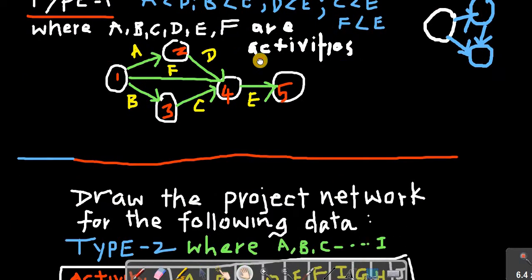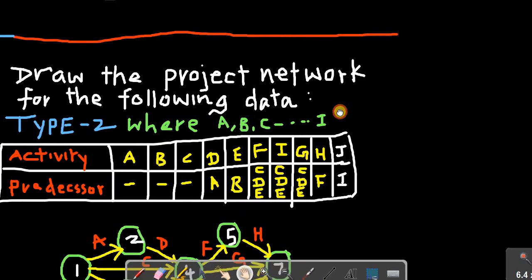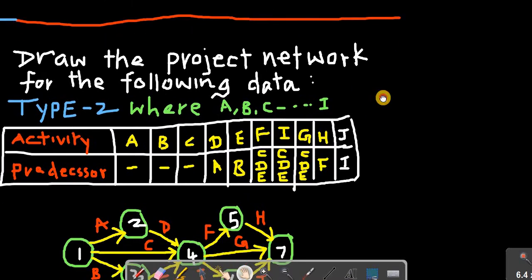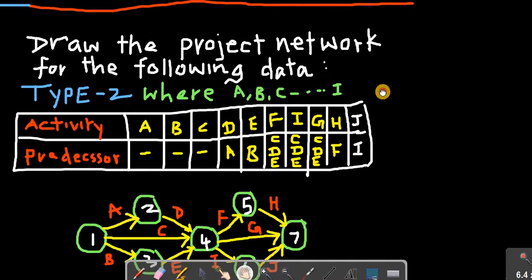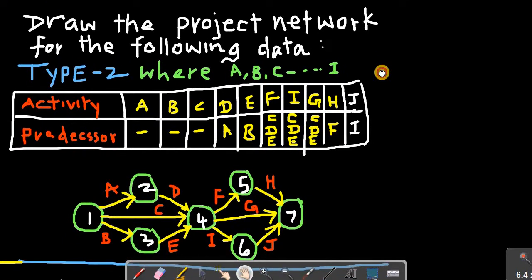But this is another problem where the logical sequence was given in another way. Take for example, in the tabular format they have given. Here A, B, C, D up to I are the activities.